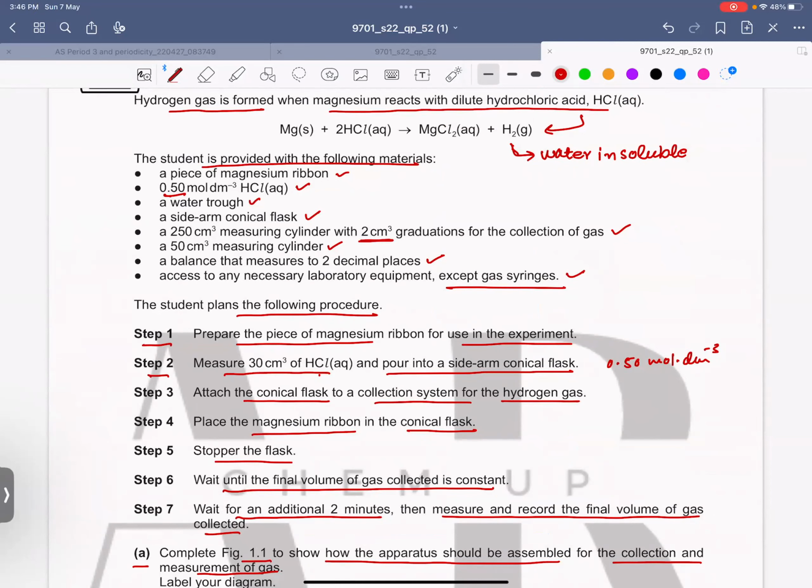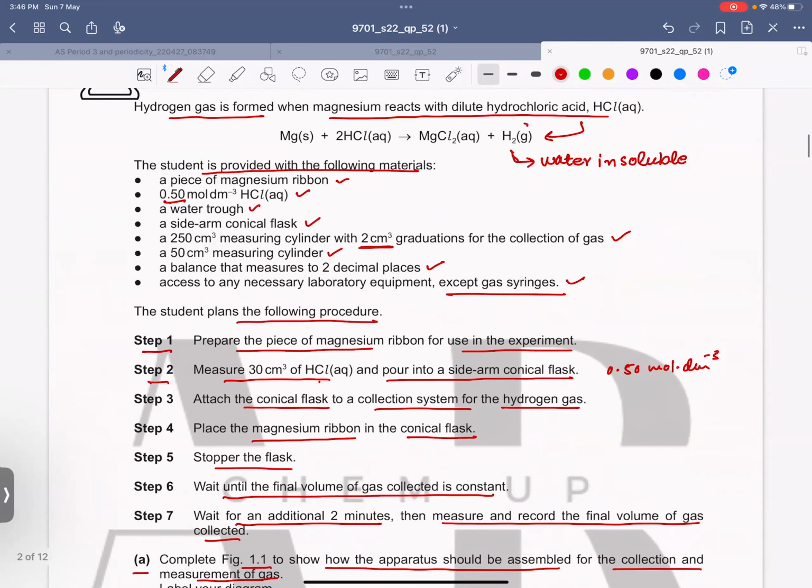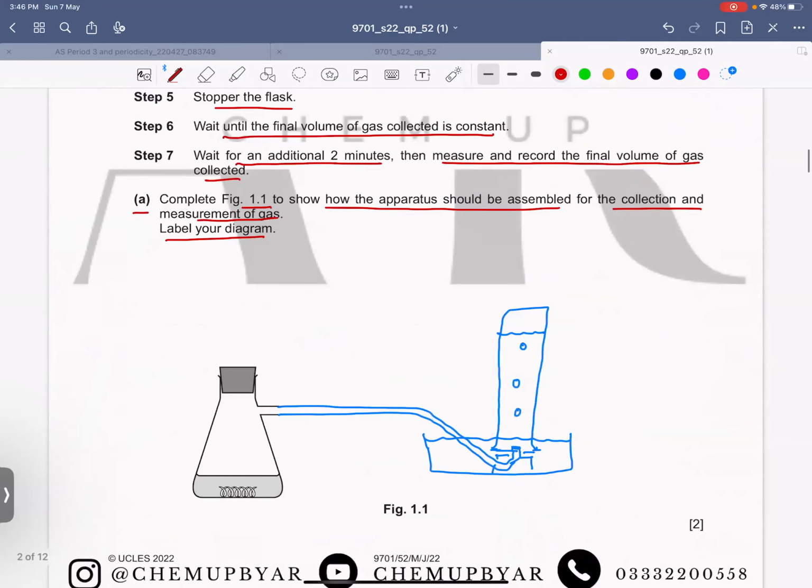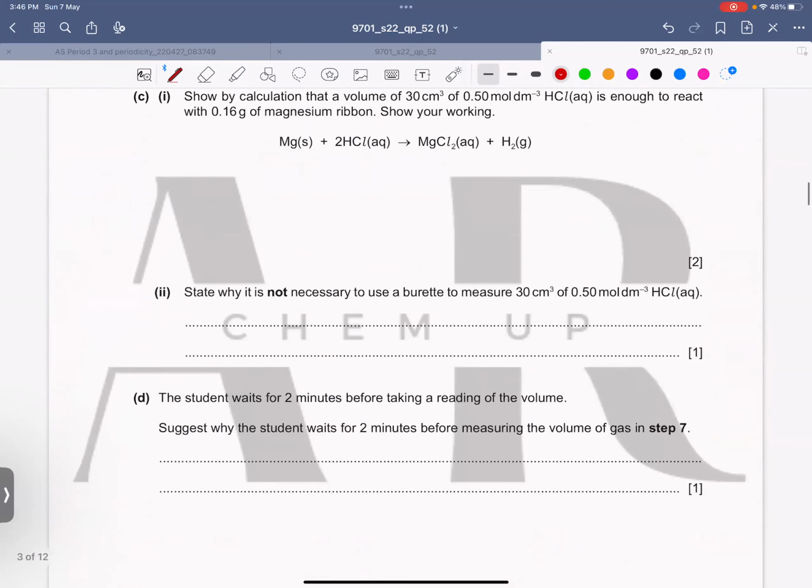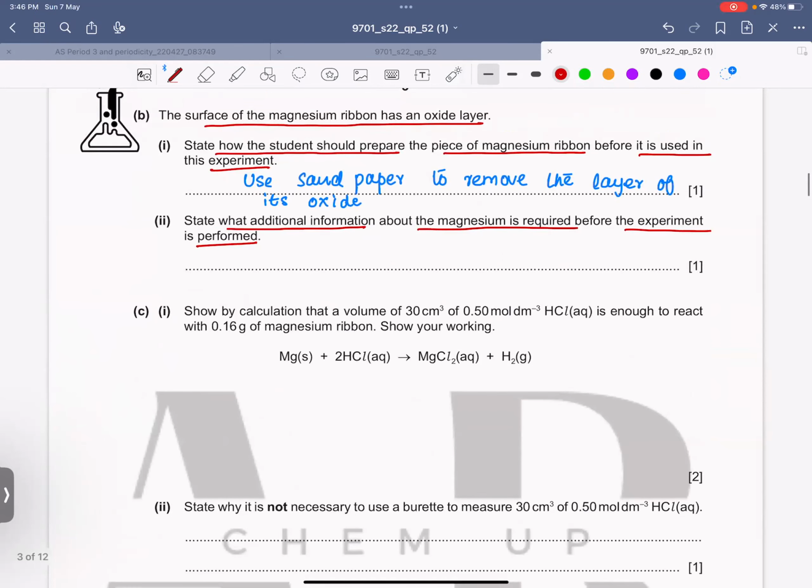The mass of magnesium is needed because if we are going to identify how many moles or what volume of hydrogen gas is produced, we have to relate them, and for that we need the mass of magnesium, that is, how much magnesium is being used in the experiment. So here, mass of magnesium.